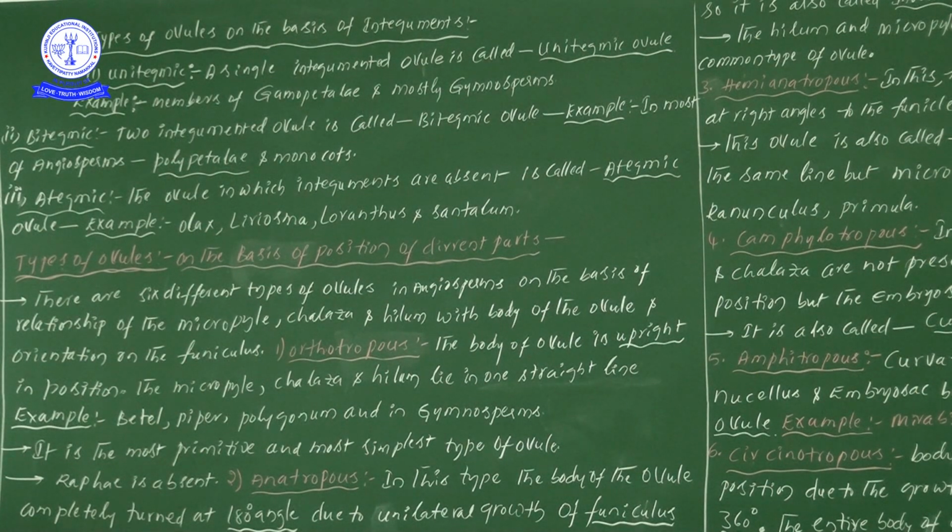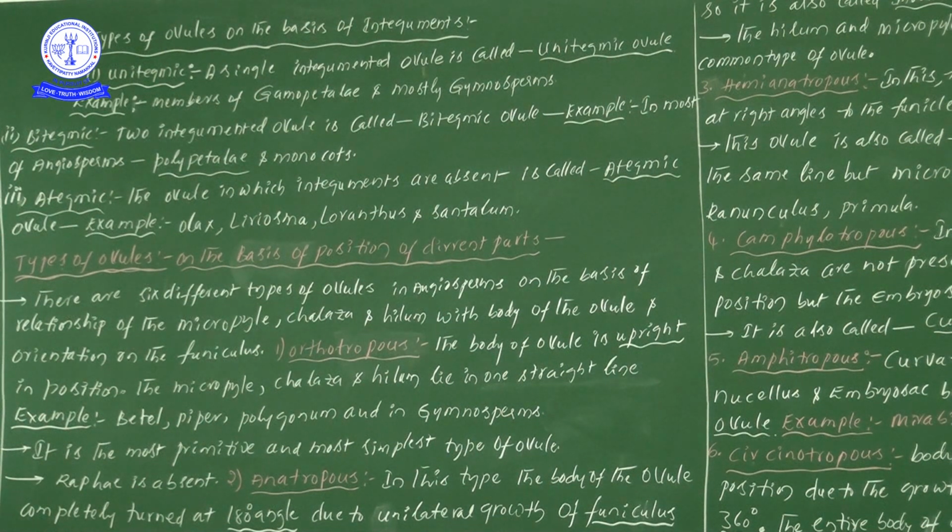Now, types of ovules on the basis of integuments: unitegmic, bitegmic and ategmic. Once you see the unitegmic point of view, you know very well that after fertilization, after formation of a seed, there are protecting seed coats: two different types of seed coats, testa and tegmen.